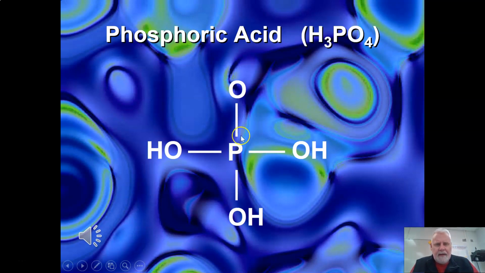However, there's a little bit of a problem right here. Oxygen should have 2 bonds. So the actual structure of phosphoric acid is, that's 5 bonds. That's more than the stable octet.